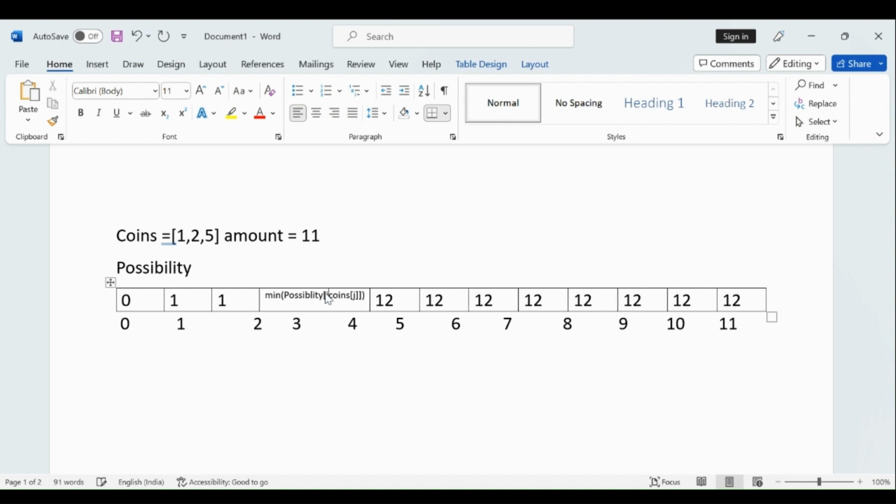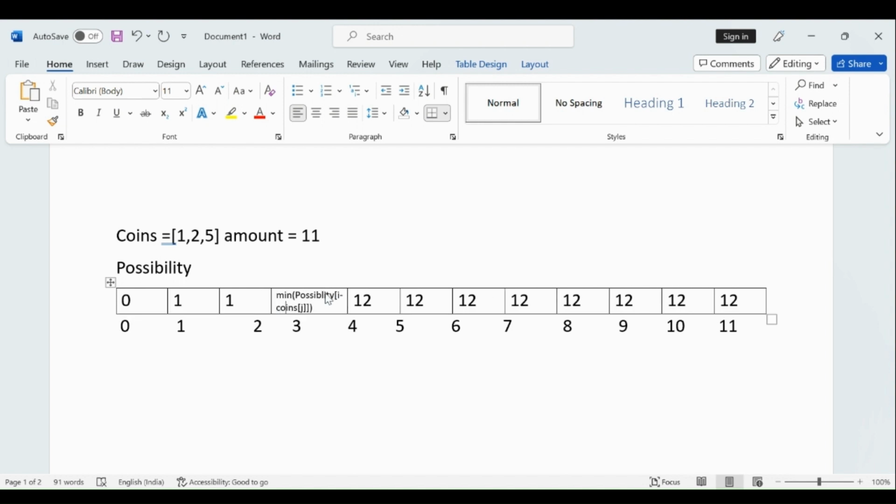So possibility[i - points[j]], comma, possibility[i].